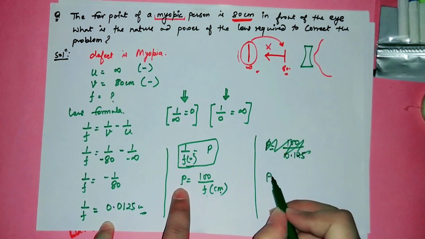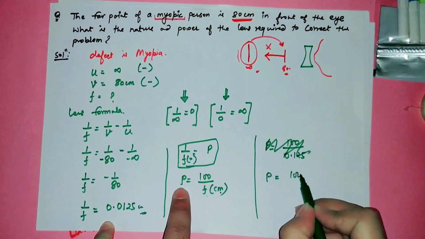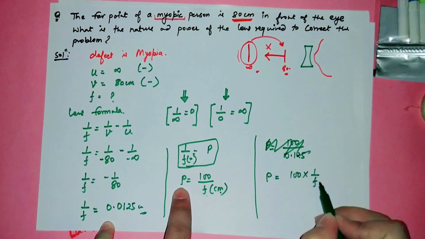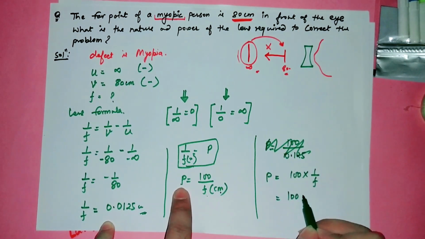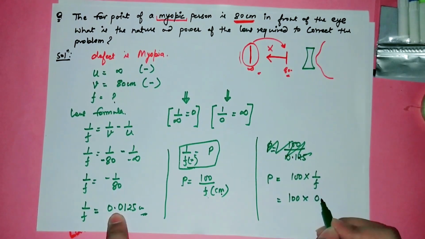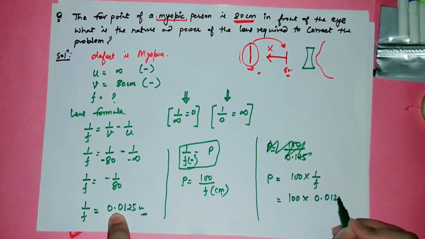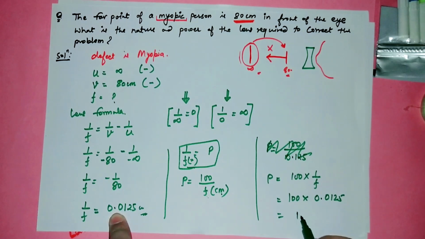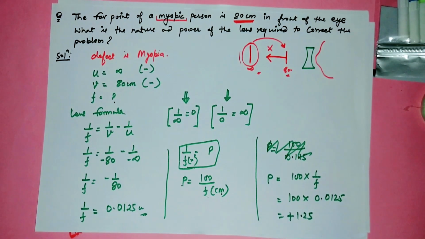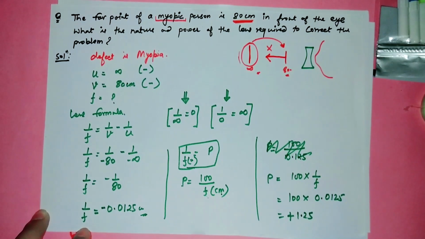So in this case P is equals to 100 into 1 upon f, and 100 into 0.0125 is 1.25. Sorry, this is negative. This power is negative.